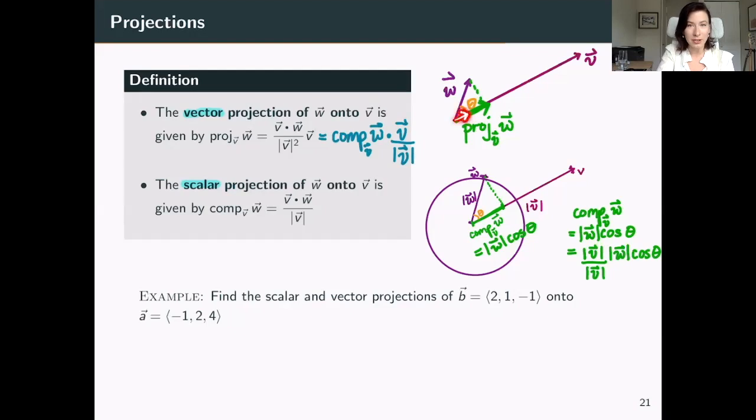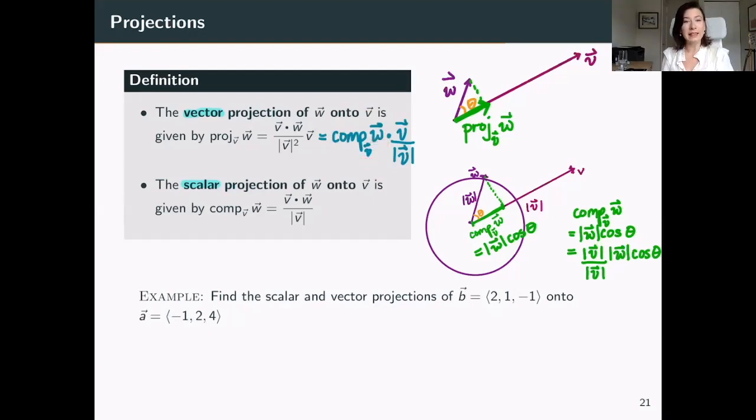From that unit vector, we either need to make the unit vector longer or shorter. We need to scale the vector by a scalar. That scalar is going to be the scalar projection. So the vector projection is given by scaling the unit vector in the same direction as V by the scalar projection of the vector W onto the vector V.